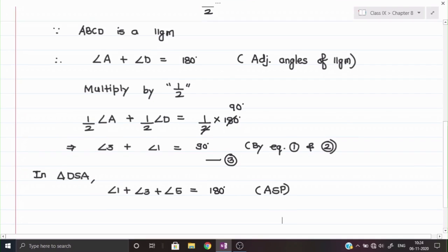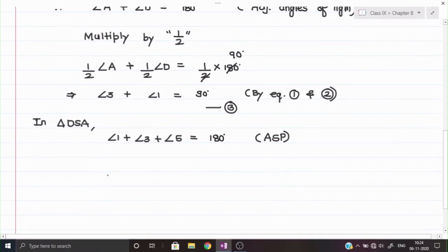Now angle 1 plus angle 3, as per equation number 3, we have 90 degrees plus angle 5 is equal to 180. Here you can say by equation number 3, and 90 will go on that side. So the value of angle 5 we shall get as 90.